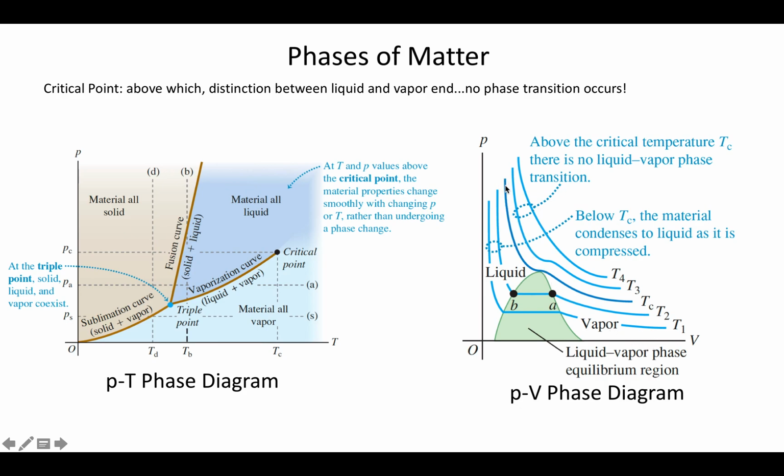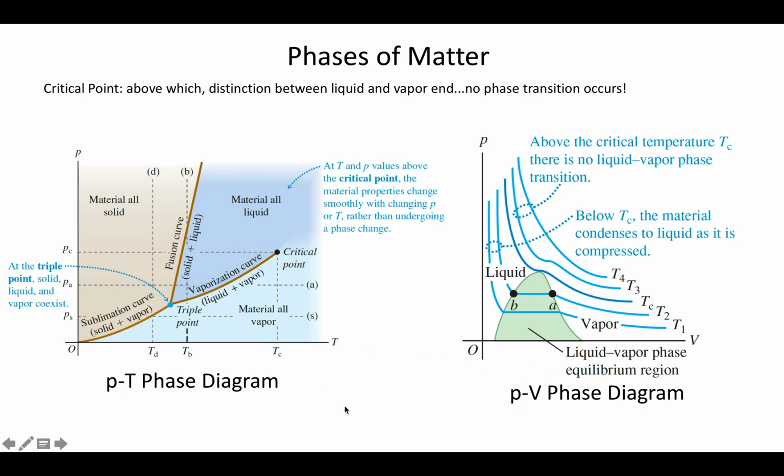Below that critical point, so actually I shouldn't have started up here, because up here is in this region. I should really have started low and say at low temperatures, you take a vapor, you compress it. At some point, it starts condensing into a liquid without any pressure change, and then it's all liquid, and you can increase the pressure and decrease the volume. But it's really sort of hard to see here.